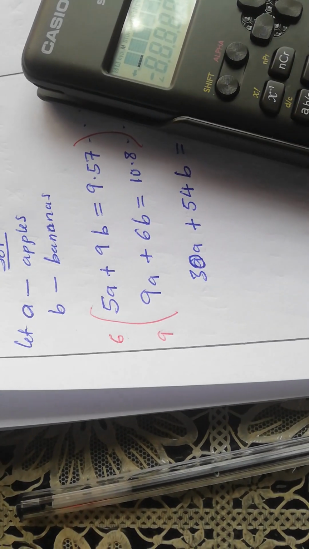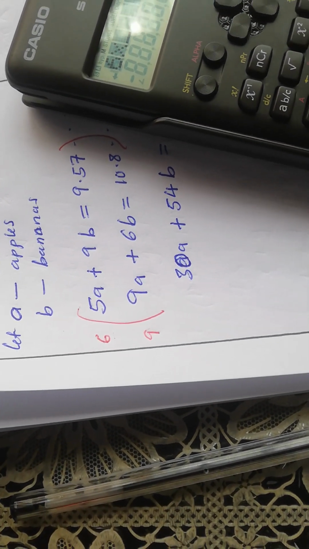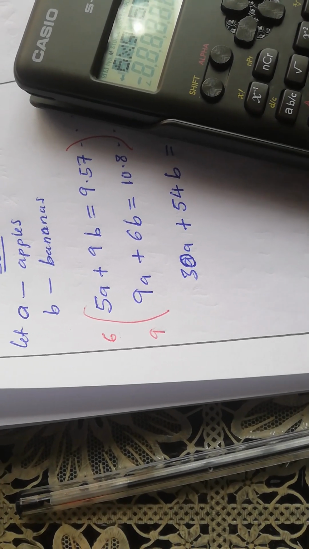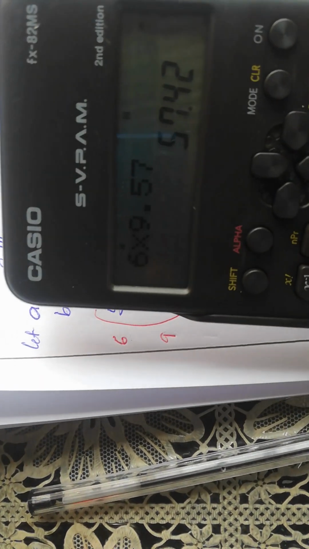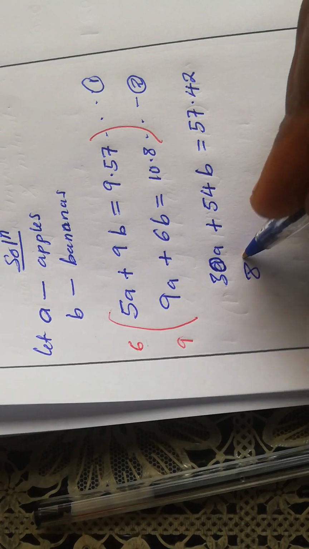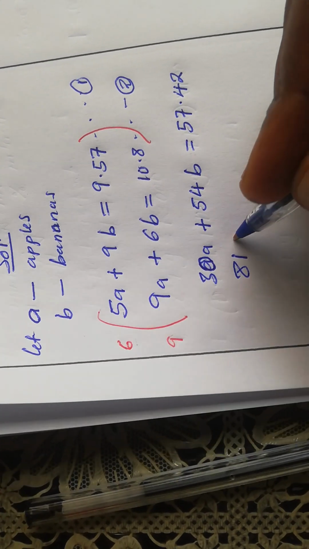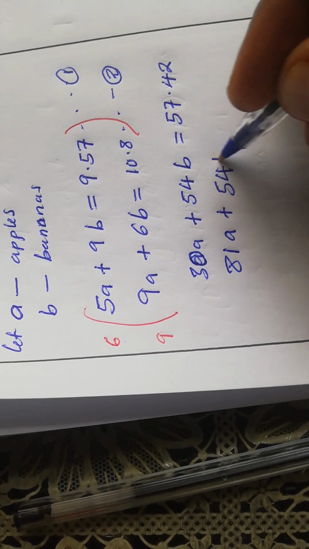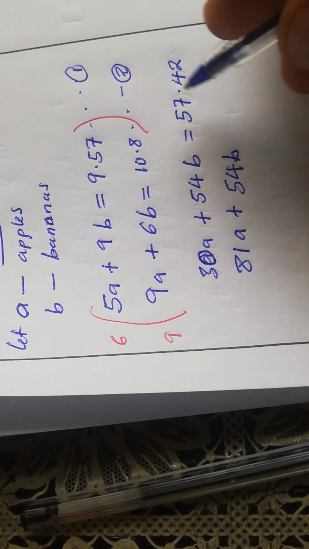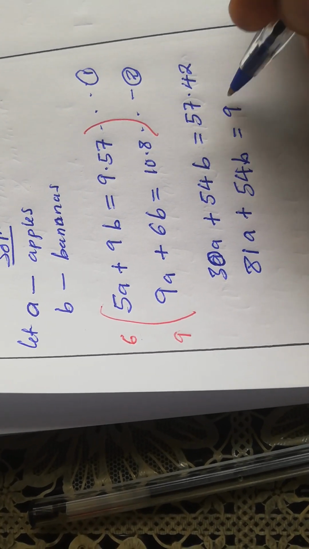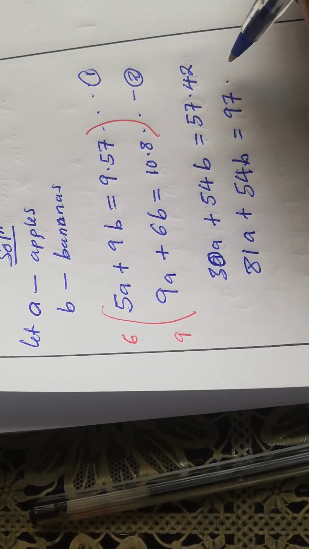So we are saying 6 multiplied by 9.57, it is giving us 54.2, and the second equation will give us 81A plus this by that, it will give us 54B. That's why we said we are eliminating B. And what are we getting this side? We are going to get 97.2.